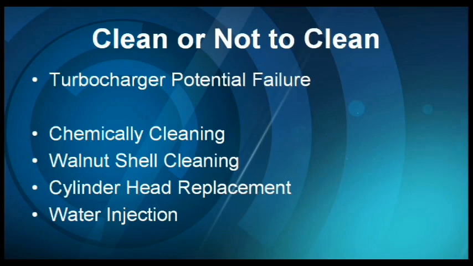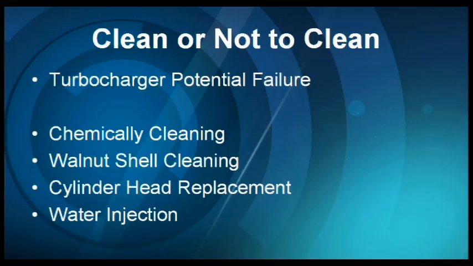In the early 80s, there was a machine developed called a crushed walnut shell machine, in which you would remove the intake, possibly rocker arms or cam, close the valves, and shoot crushed walnut shells that would kind of bead blast the back of the valves, and then you would vacuum them out.